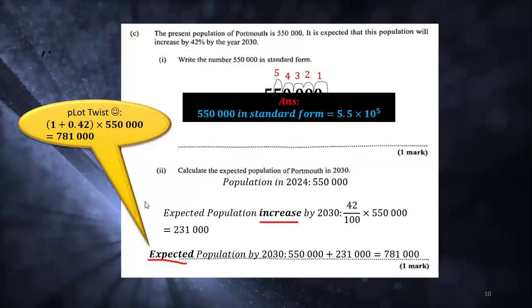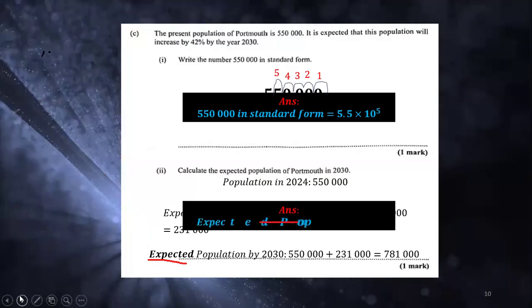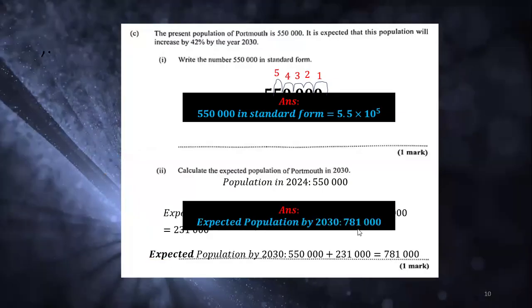Okay? But for this question here, the expected population by 2030 is 781,000. And they actually do things like these in real life. In census and statistics, it may be in the CSO, Central Statistical Office. They may do things like this all the time.